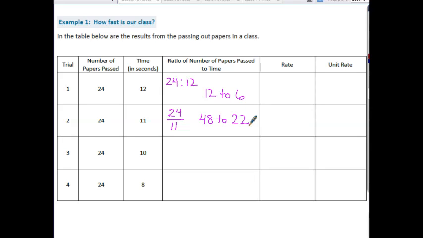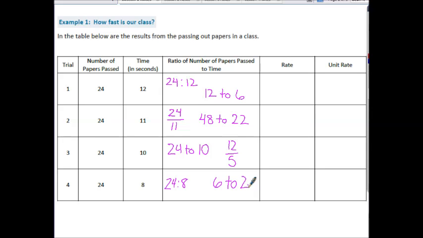In the third trial, we could write this one as 24/10. Or I can realize that they're both divisible by 2 and write this as a fraction, 12/5, which is still read 12 to 5. And the last one, we could write it as 24:8, read 24 to 8. Or I could realize they're both divisible by 4, and so I can divide them both by 4 and get 6/2.